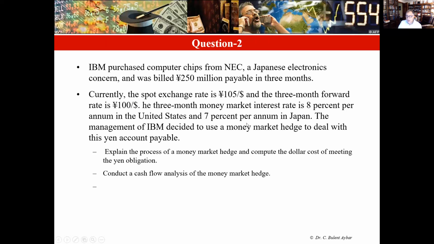Per annum implies that, regardless of the maturity we're talking about, in this case 3 months, these rates are reflecting annualized interest rates for that 3-month period. The management of IBM decided to use a money market hedge to deal with this yen account payable.